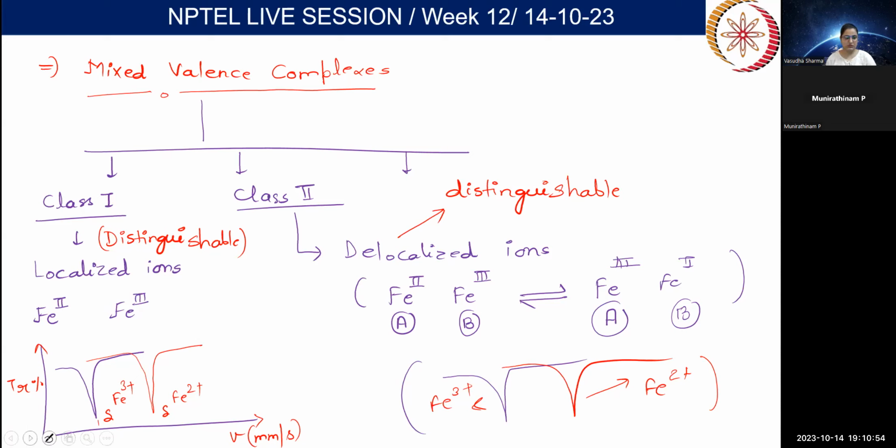Okay, so the third class that we have is class 3, which is delocalized ions which are indistinguishable.